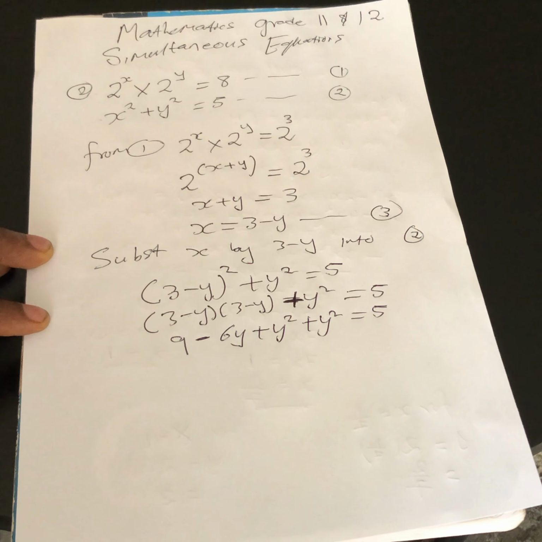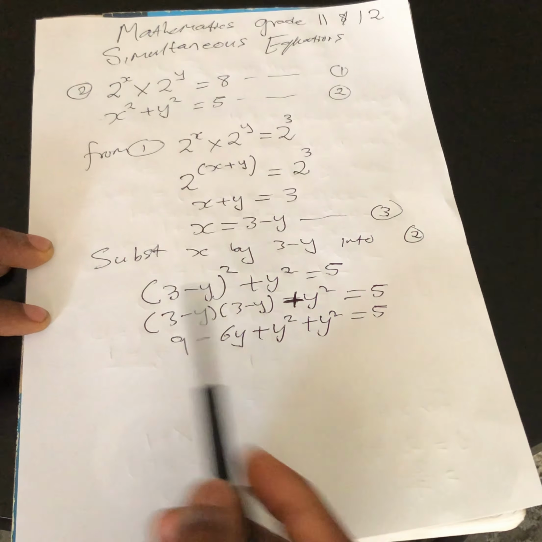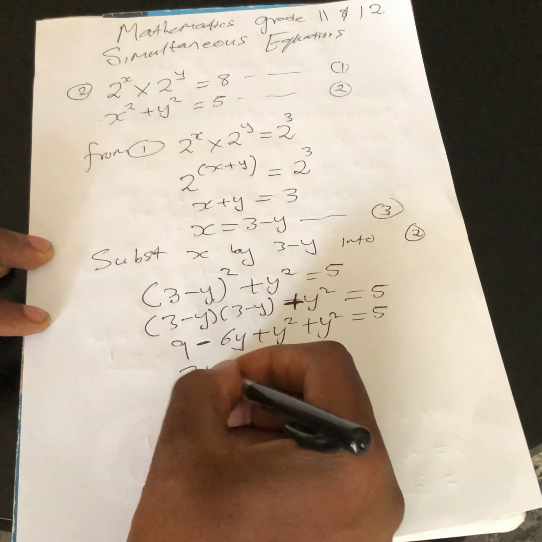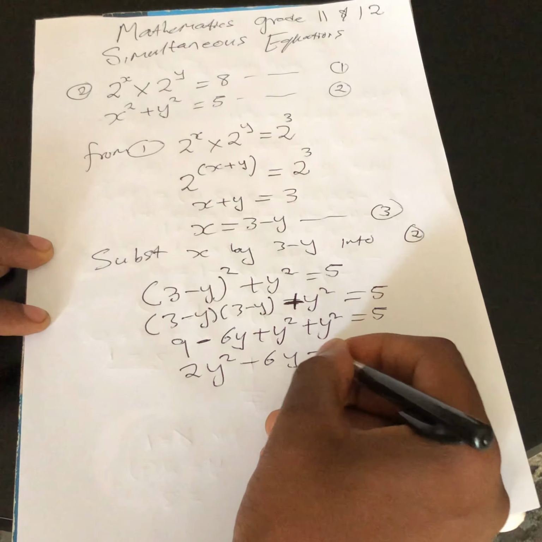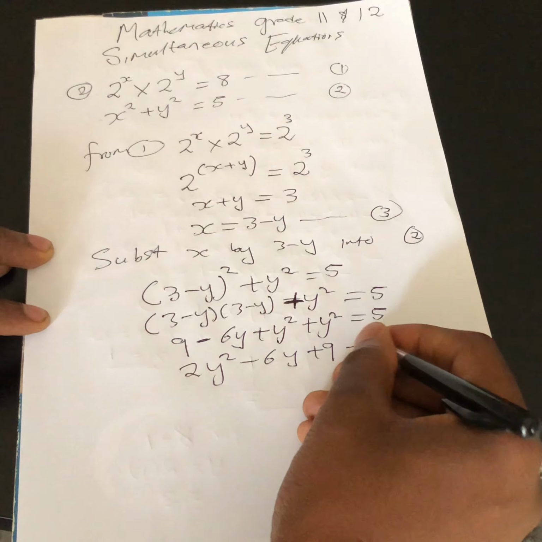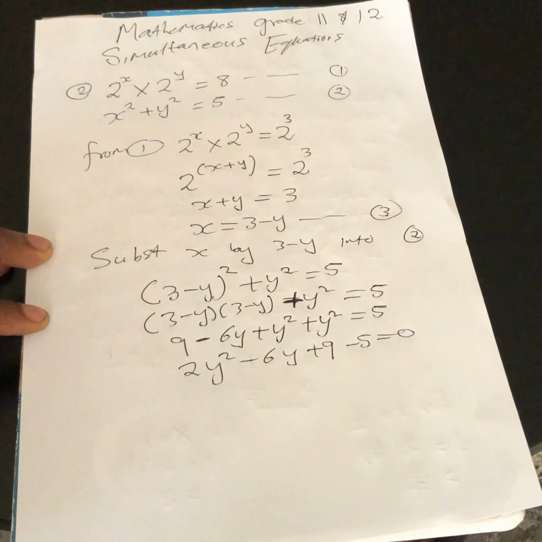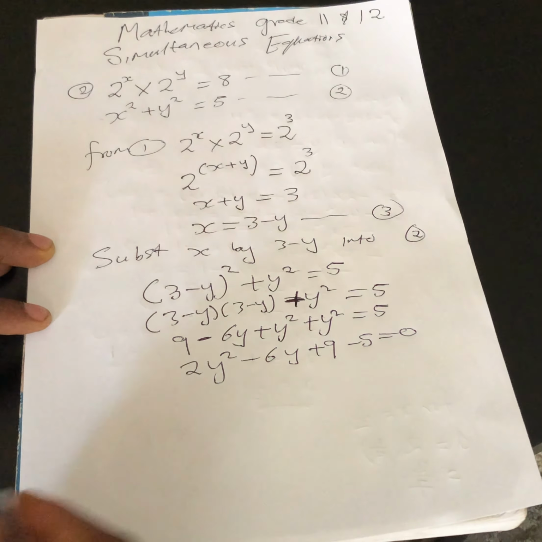Then from here, that's where you are going to add the like terms. We have y squared plus y squared is 2y squared, minus 6y, plus 9 minus 5 is equal to 0. You transpose 5 to the other side.